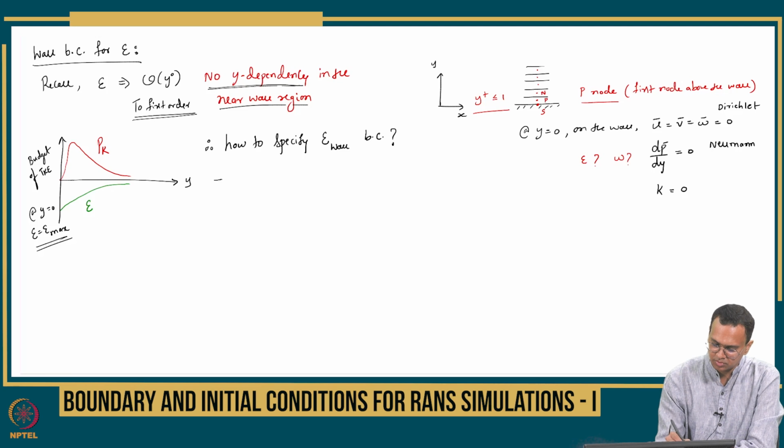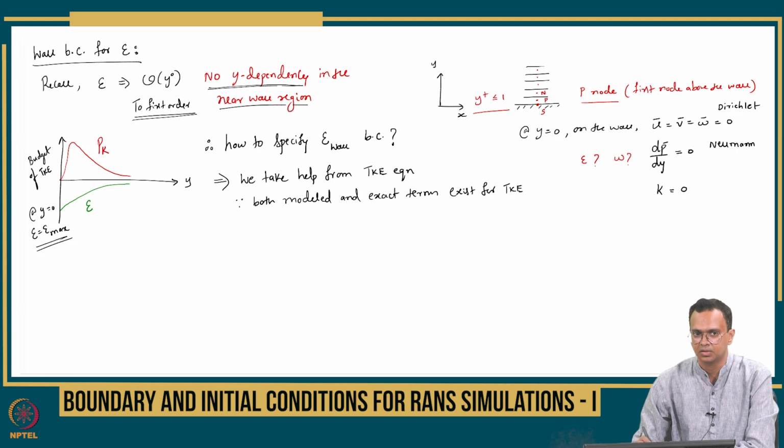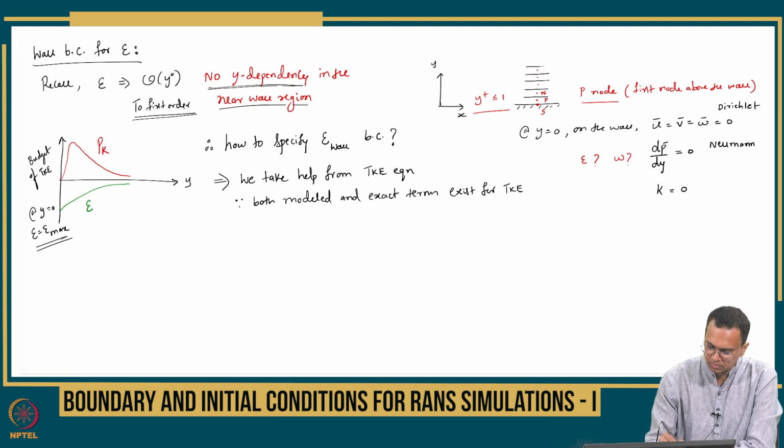Okay, so to proceed further, we take help from turbulence kinetic energy equation, because both model and exact terms exist for TKE. For epsilon we only have model terms. The exact equation exists, but we did not model that, right? So therefore we start to take help from the turbulence kinetic energy equation.